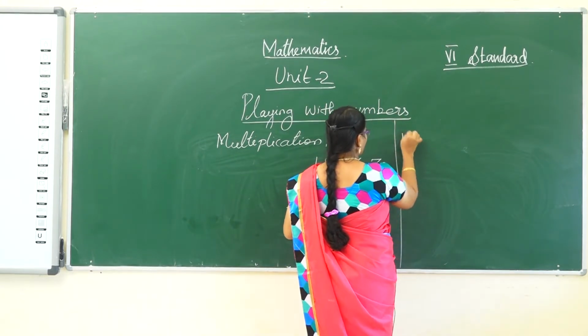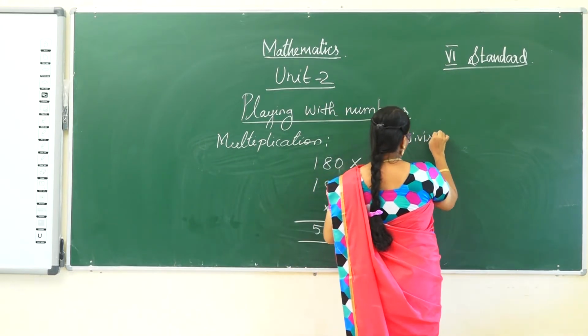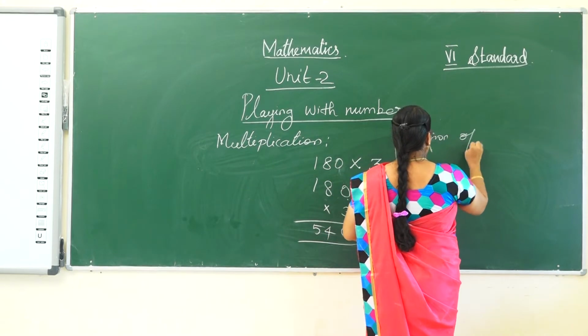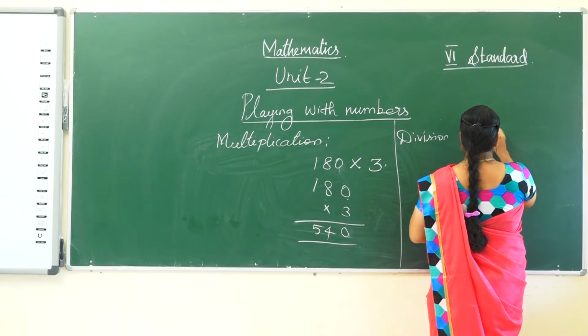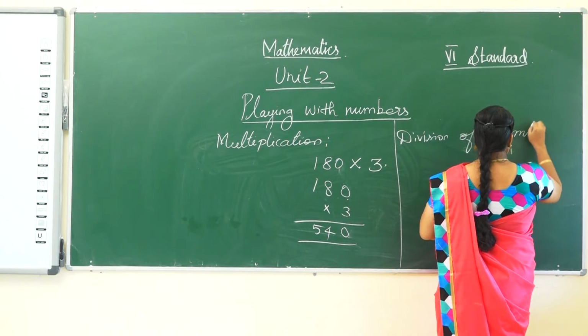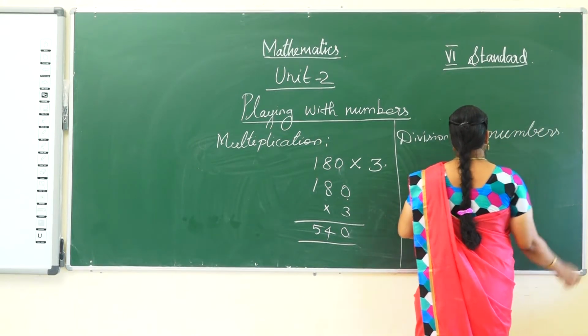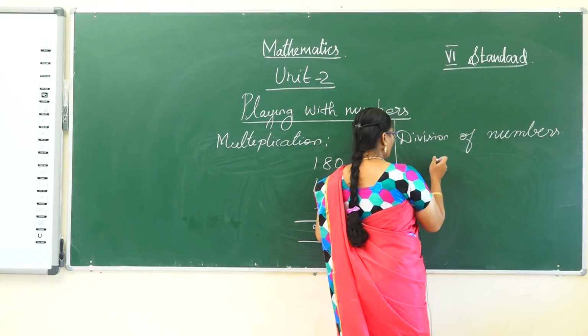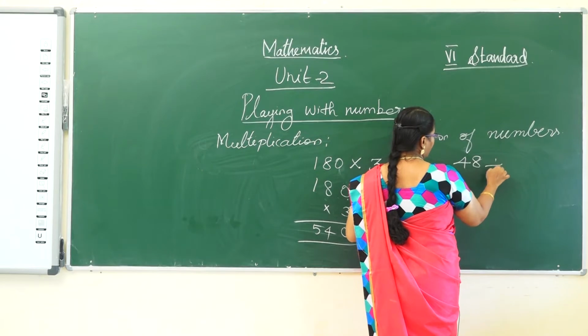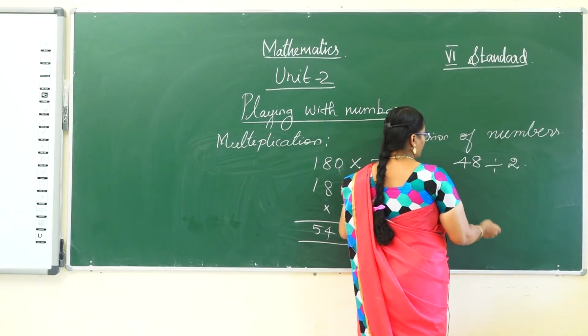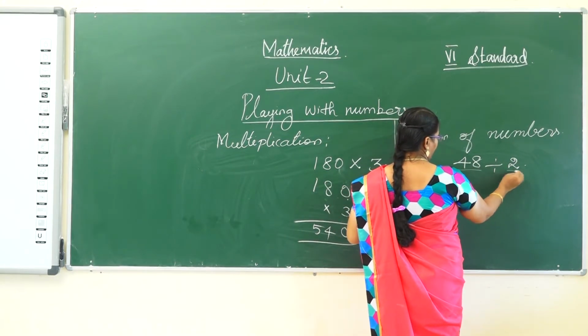And next, division. Division of two numbers. For example, 48 divided by 2. Here there is a divisor and a dividend.